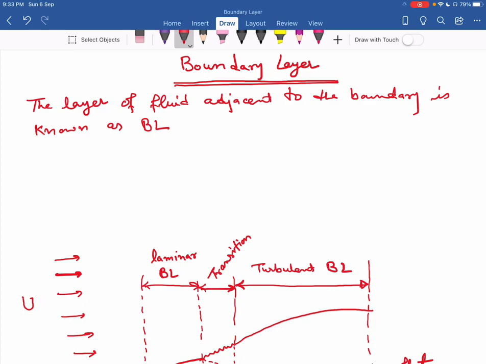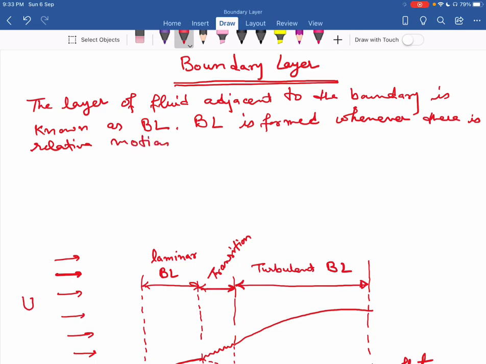Normally you can say the boundary layer is formed whenever there is relative motion between the boundary and the fluid.